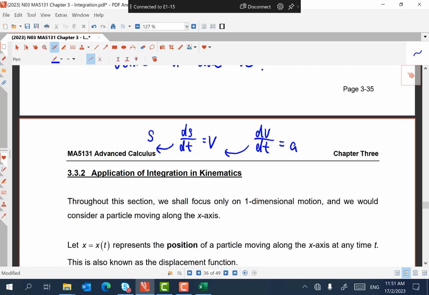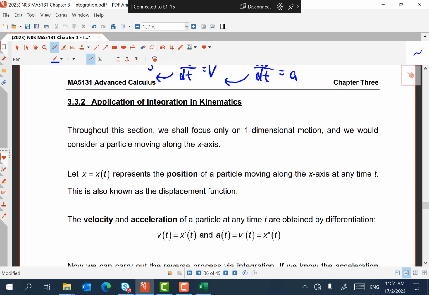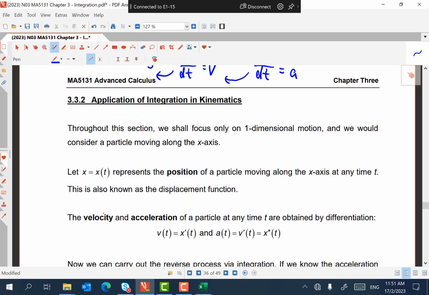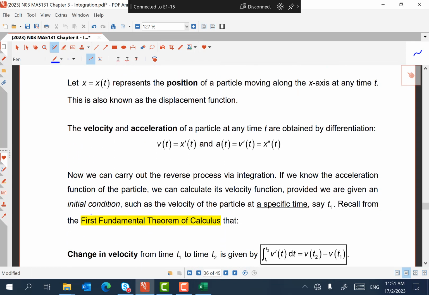This is called displacement. And what is velocity, Kalesh? The definition. It is called the rate of change of the displacement. Okay, so it is good enough for you to know that differentiate, you get velocity. Then integrate, you get displacement.